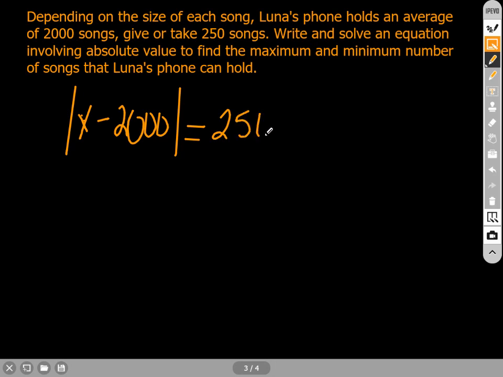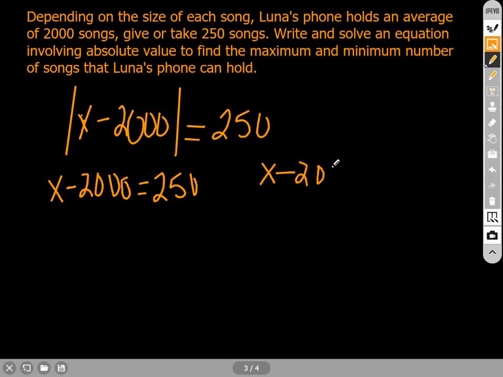So I put absolute values around this. So we know that x minus 2,000 is equal to a positive 250, or x minus 2,000 is equal to negative 250.